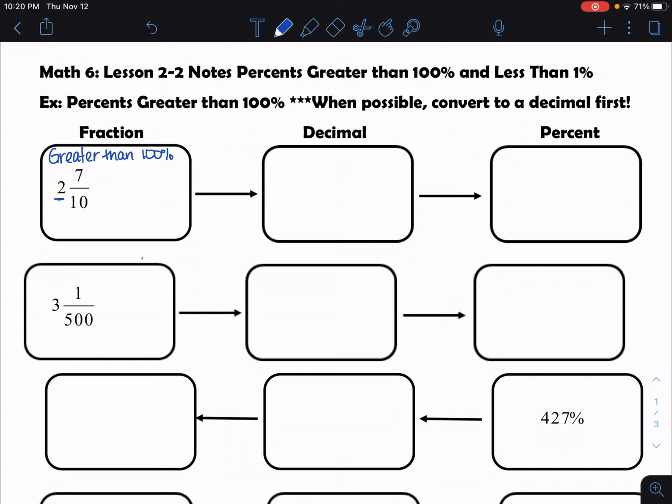If it's possible, we want to convert it to a decimal first. Well, this one is possible to convert to a decimal. We're going to keep the 2 out front and put a decimal point. And then we know that 7 over 10, so this right here, we're going to have one decimal place and we're going to put a 7 in it. So this is 2.7.